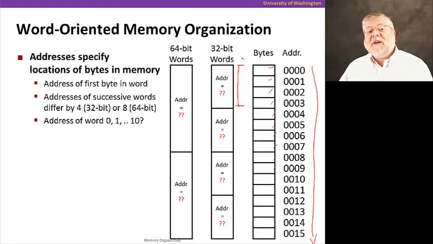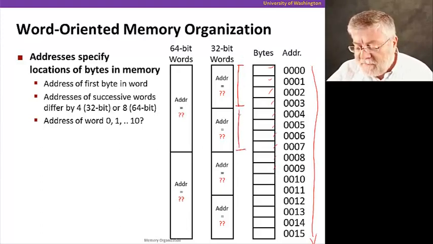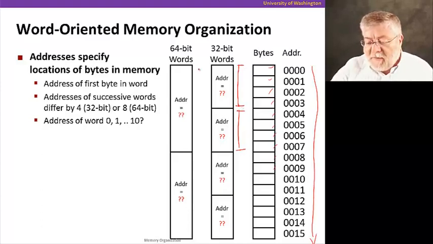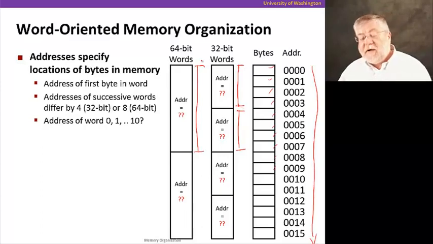Well, what address are we going to give that word? The next one after it will also require an address. What will we use for that? In a 64-bit machine, of course, we'll have to group the first 8 bytes into a word. And then we have to decide on the address for that.